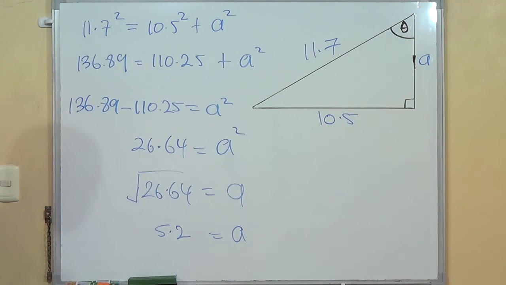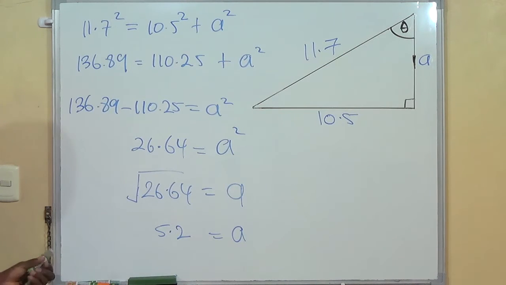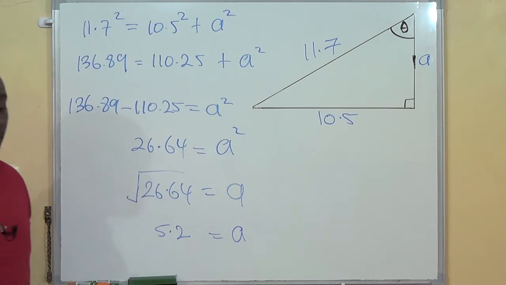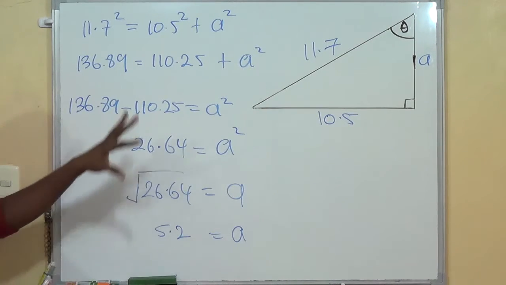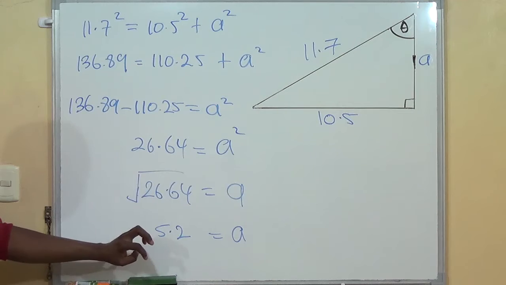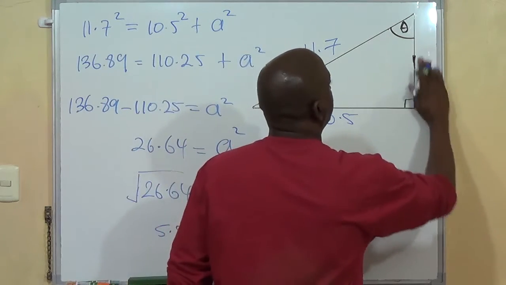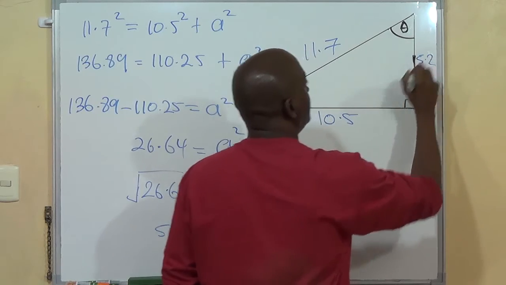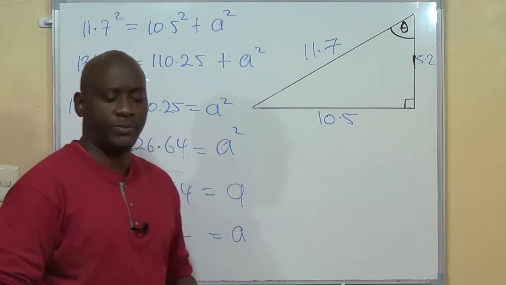I was kind of worried that it would have ended up being 5.14 or 5.13 or something, in which case I would have had to use 5.1, but it worked out pretty well. Good. So even though there were some discrepancies with the squares and the square roots, when you work everything back to one decimal place, you get the original figures that we would have had before: 11.7, 10.5, and 5.2.